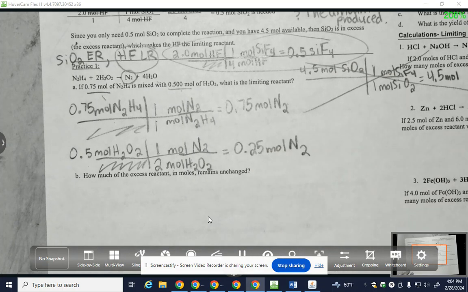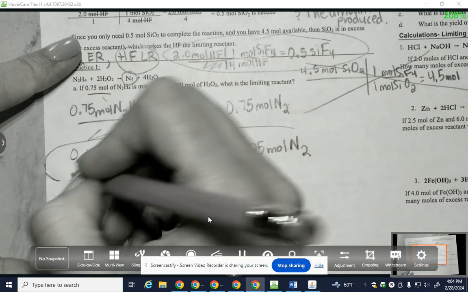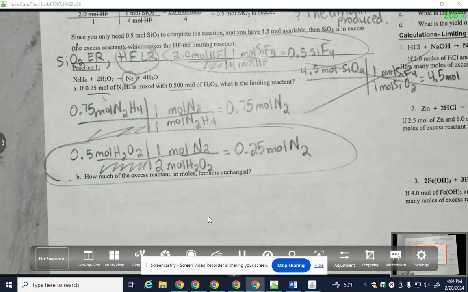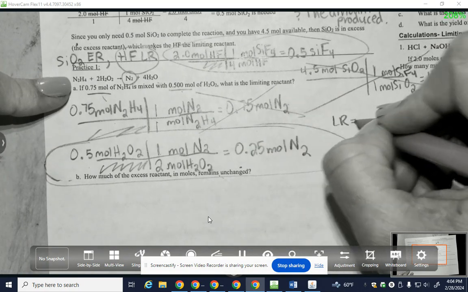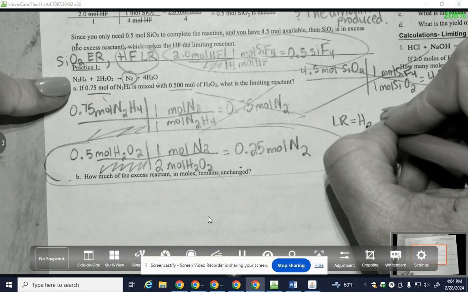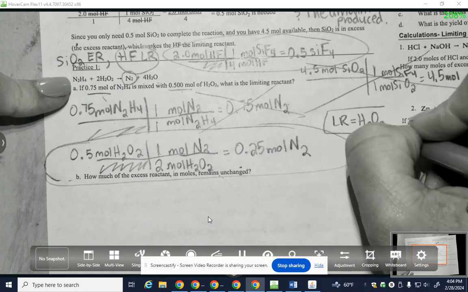So who is my limiting reactant? Good, there we go. This is the only one that's possible. So if I were asking what's my theoretical yield of nitrogen, that's the answer. This one can't happen. So to answer the question, the limiting reactant is hydrogen peroxide.